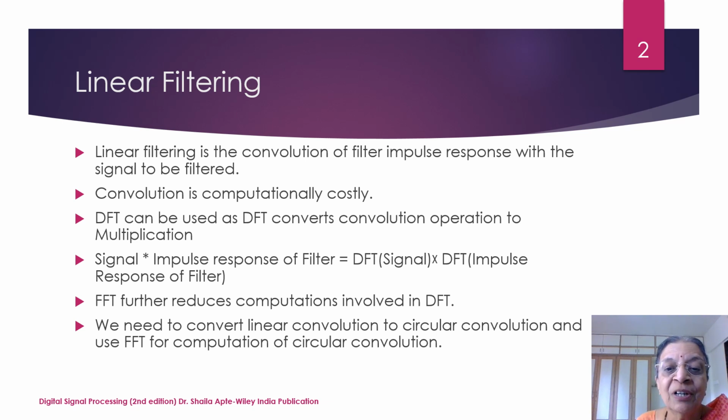Now we need to convert linear convolution to circular convolution and then use FFT for computation of circular convolution, because when we are using FFT, the actual operation carried out is circular convolution, and what we intend to calculate is a linear convolution. Right. So we'll have to convert the linear convolution into a circular convolution by appending extra zeros that we have seen previously, but I am just telling this again so that you can recollect the facts.